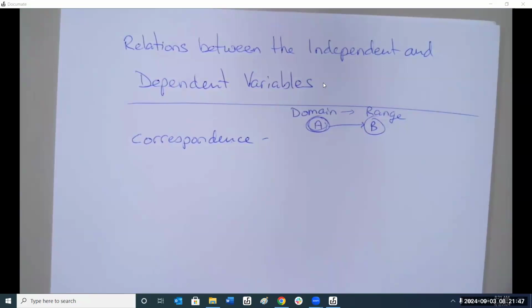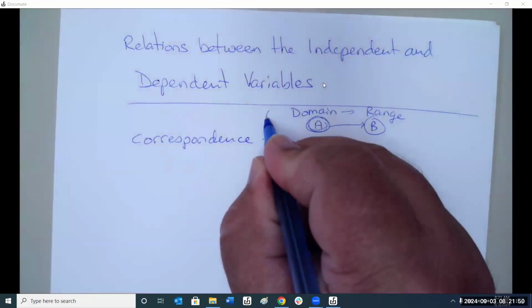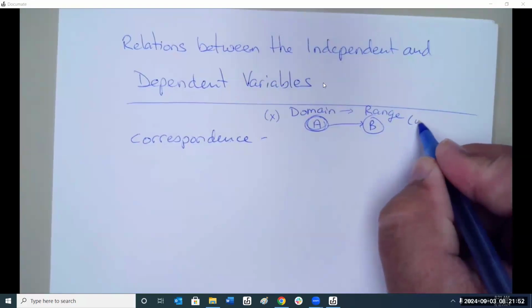What variable belongs in the domain? This is the x variable, and the range is y.